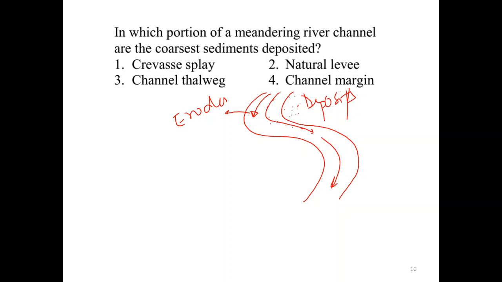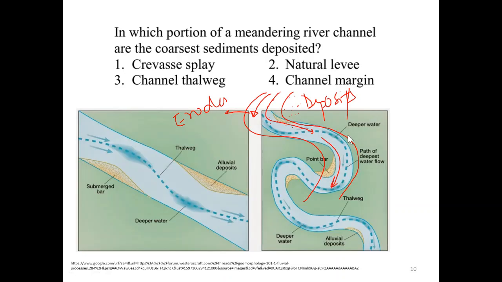Now let us look at the options: crevasse splay, natural levee, channel thalweg, and channel margin. Let us have a look at these diagrams. If you look over here, then you will understand that in a meandering river system, we get these point bars on the concave part, while the erosion portion is on the convex part, which is the path of the deepest water flow.